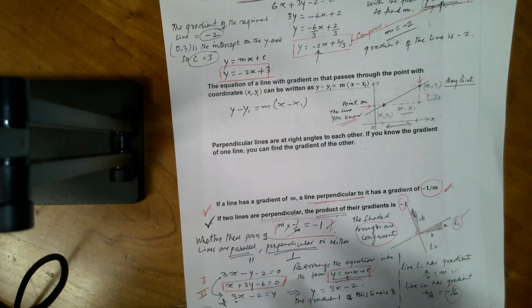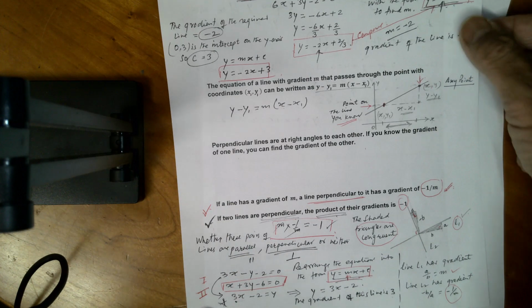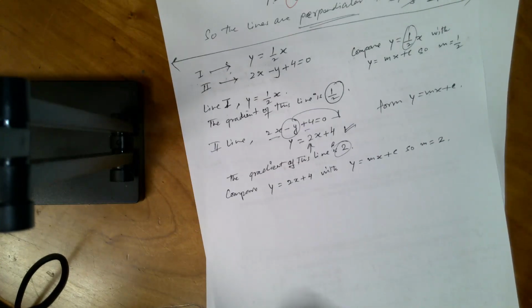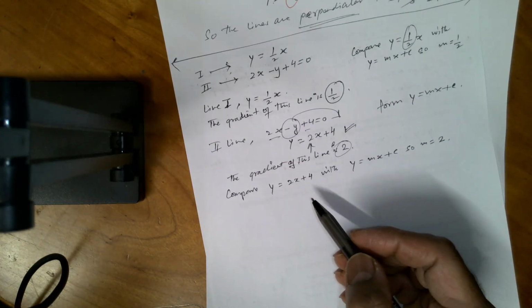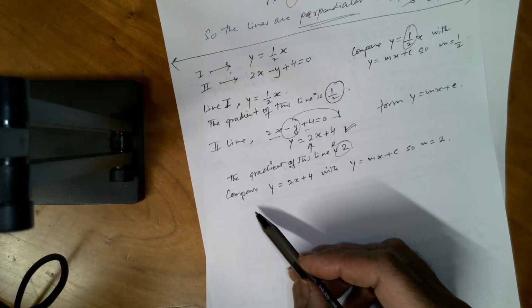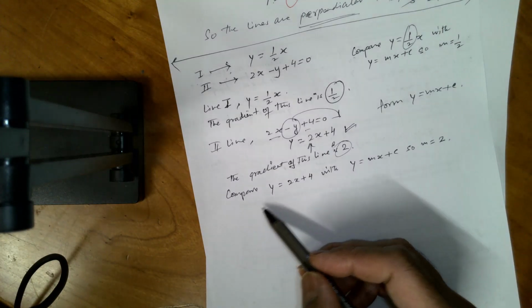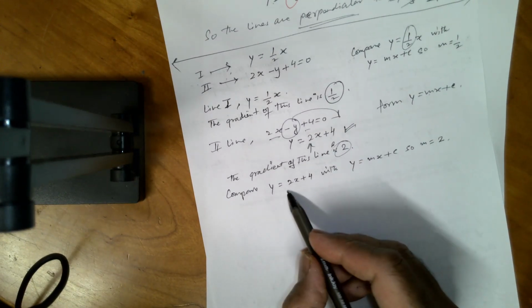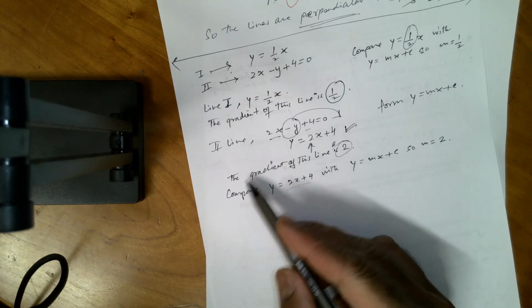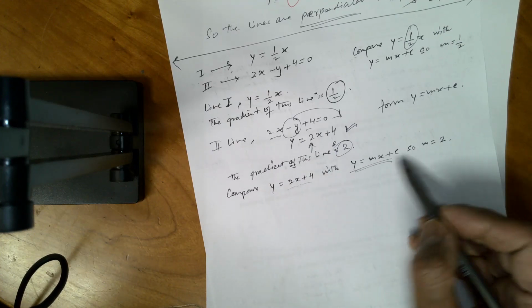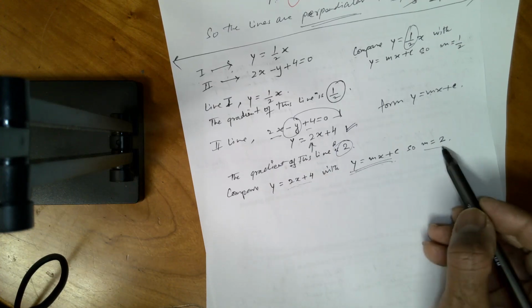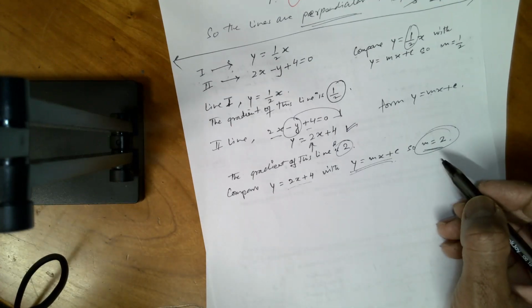Going with this one, exactly the same, you can quote the rule depending on whether the lines are perpendicular or not. So, where were we? We compare the second line with y equal to mx plus c, and you're saying that your m is equal to 2.